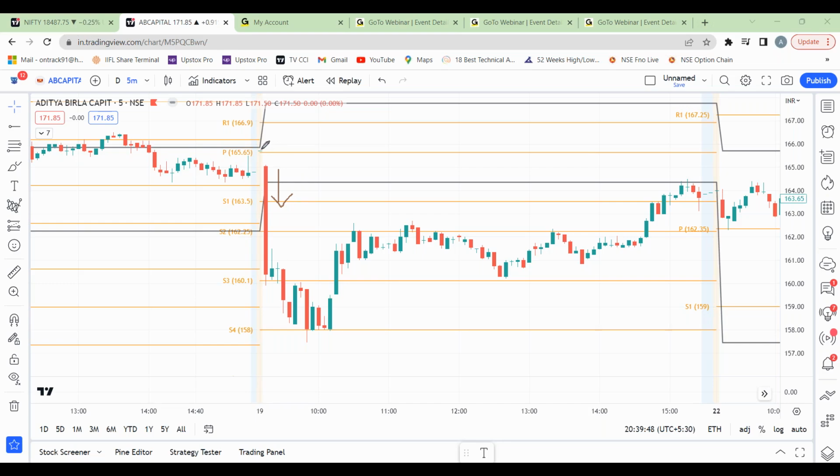At the opening, stock is opening exactly at pivot, and from pivot, the opening candle is breaking previous day low, and this is previous day high, of course. The moment it starts trading below previous day low, you see the fall. It keeps falling. This is the move what you can get when you keep a watch and trade in stocks which breaks the range of previous day low, if you are looking for a sell trade.